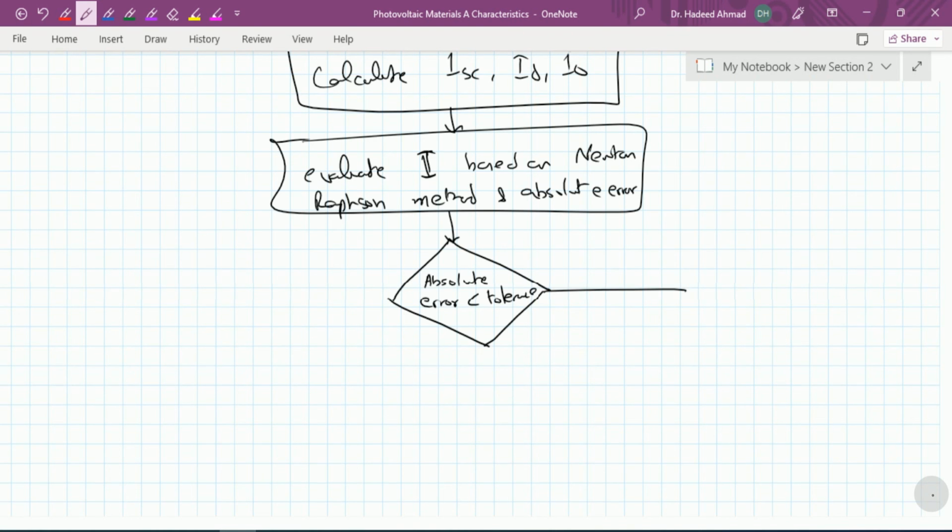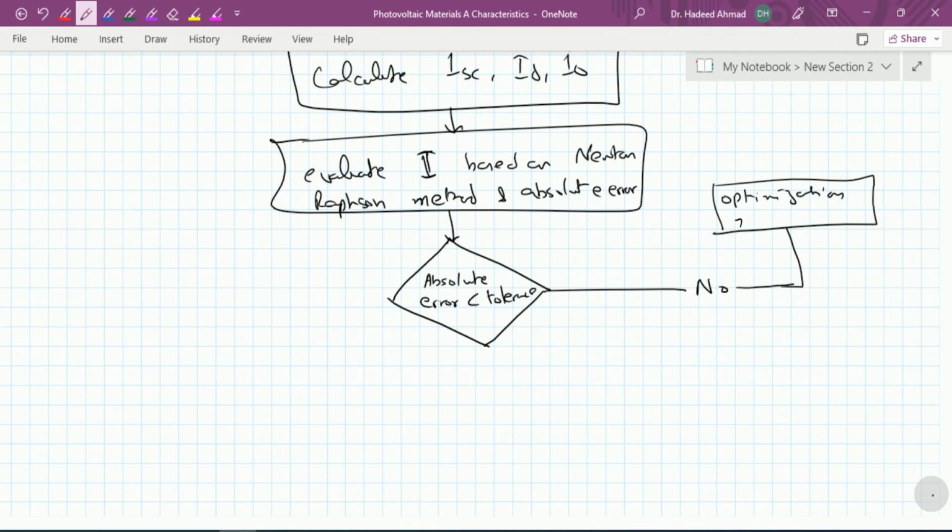If it is not within this tolerance level, then we go through this optimization algorithm block, and we again calculate the value of this IPH, and this loop continues until we finish up with a value of the IPV which is within the range of the absolute error.